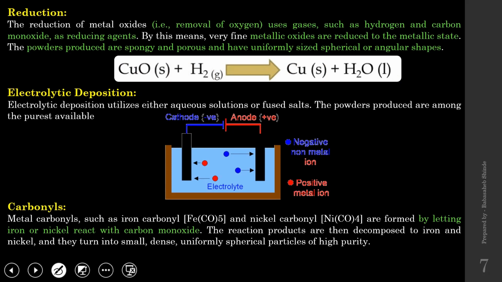One would be connected to the positive terminal, another to the negative terminal, and because of that, the metal that you have placed into the electrolyte will be separated into positive and negative ions, and those ions will be attracted towards the opposite electrodes, and that way you will get the pure metal. Then the next one is formation of carbonyls. So when you get the carbonyls, on decomposition, that carbonyls will get converted into pure metal.